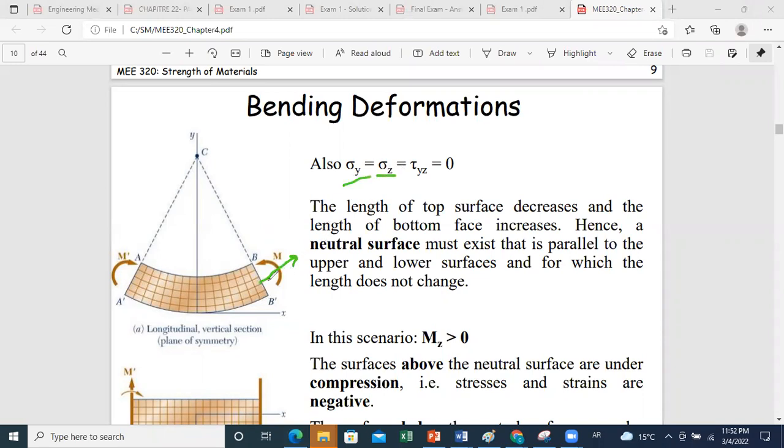There is just sigma x perpendicular to the section which is undergoing the bending moment. And we'll see together that when we do the analysis of pure bending, the length of the top surface will decrease when we have compressing couples like this.